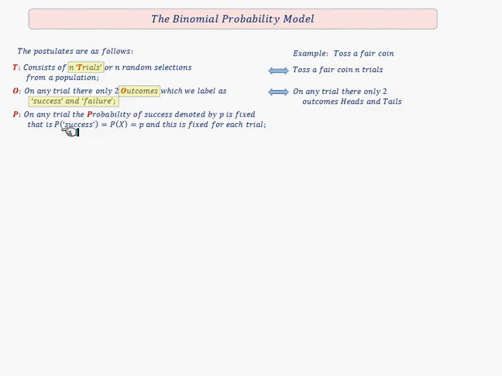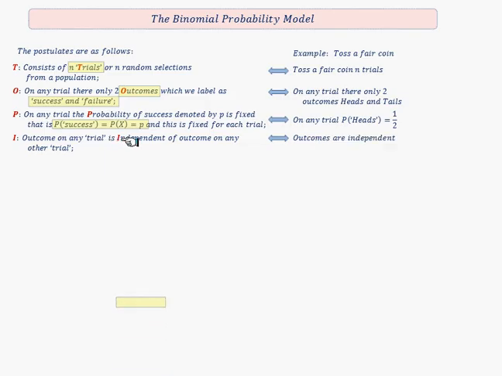The probability of success on any trial is fixed and denoted by the letter p. In this case, the probability of heads is a half. On any trial, the outcome is independent of the outcome in any other trial. And finally, the interest is in X, the number of successes in n trials.